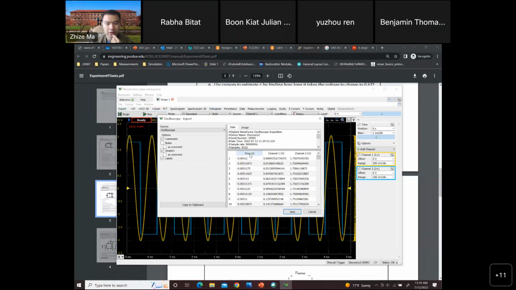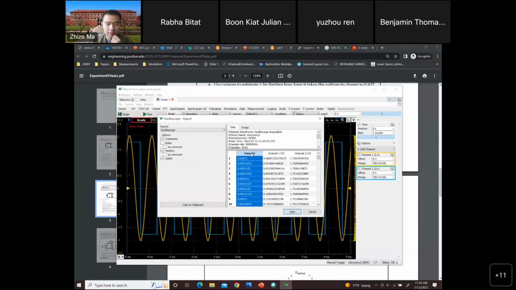There are 3 columns of data. One is timing, which goes from the left part of your screen to the right part of your screen. For my screen it is from 95 millisecond to 5 millisecond. The other 2 columns are the voltage of channel 1 and the voltage of channel 2.